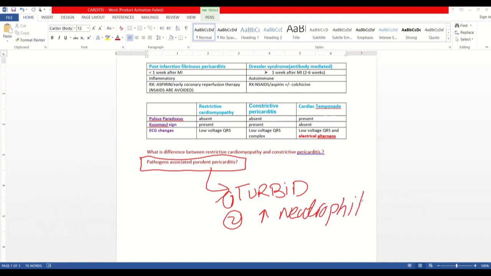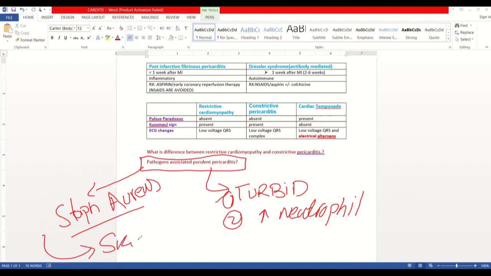The most common pathogen associated with purulent pericarditis is Staph aureus, right? Staph aureus mainly enters from the skin.